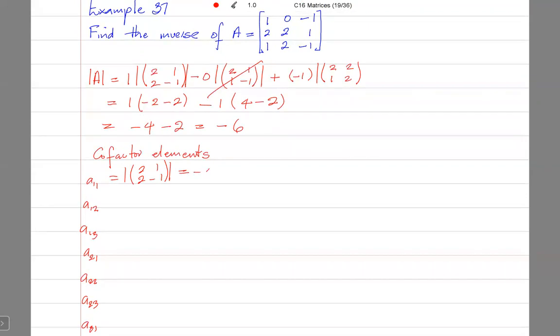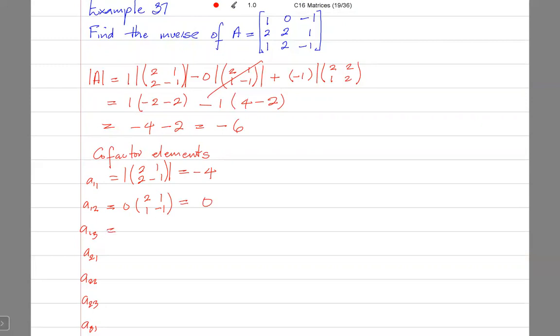The second one was actually 0. So it's 0, and then inside the bracket we have 2, 1, 1, minus 1. And because we have a 0 in front, it's going to come out as 0.